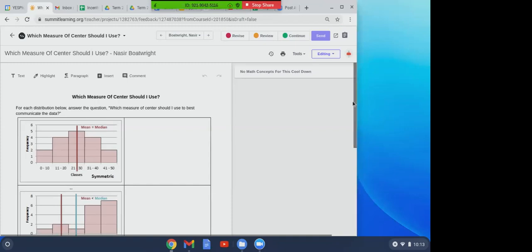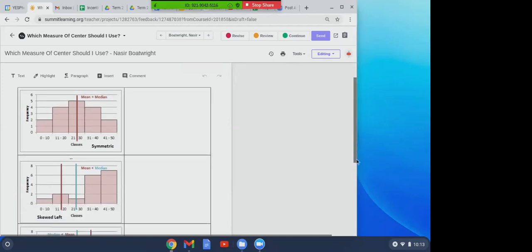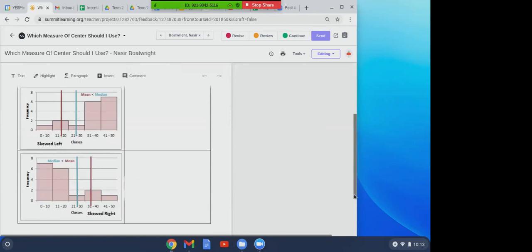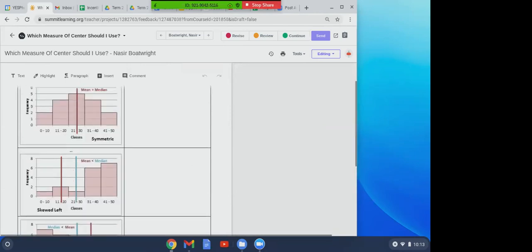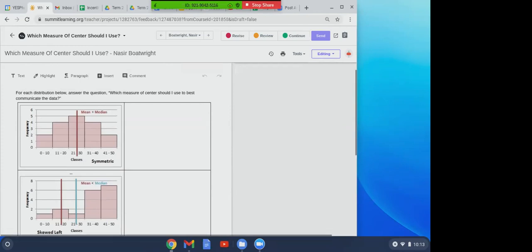All right, so in this cool down, they say for each distribution below, answer the question, which measure of center should I use to best communicate the data? So again, you are speaking to the shapes. They told you what the shapes are. The first histogram is symmetric, and it tells you here that the mean is equal to the median.